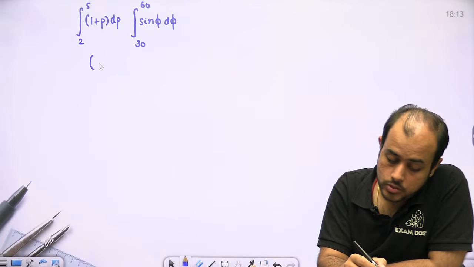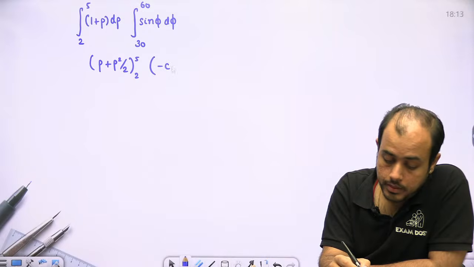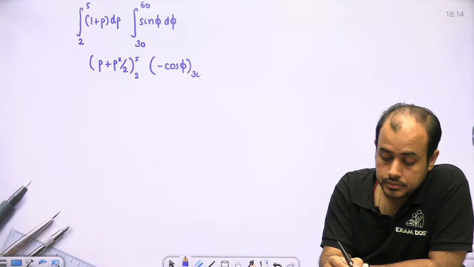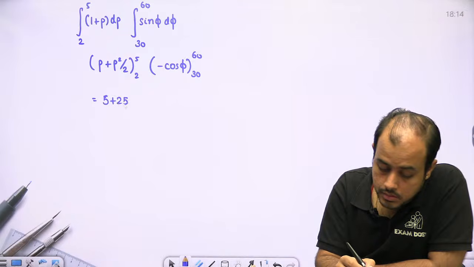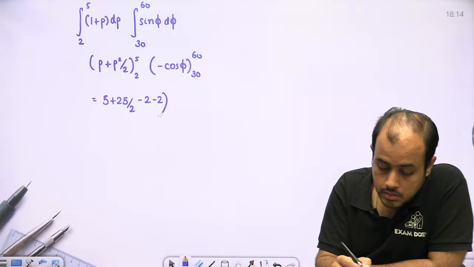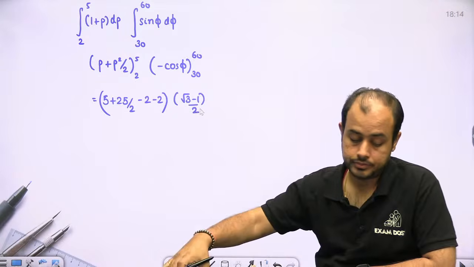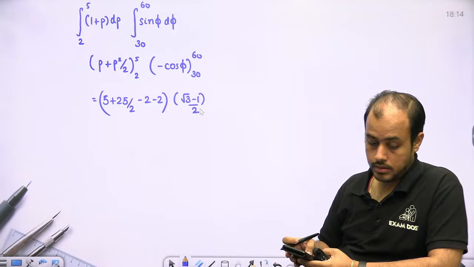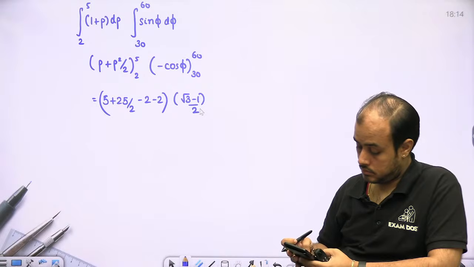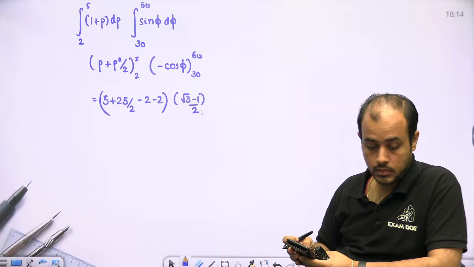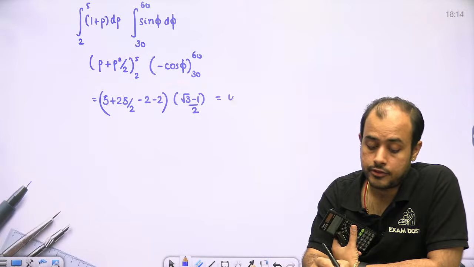Rho plus rho square by 2. 12.5, 17, 13. 4.94.